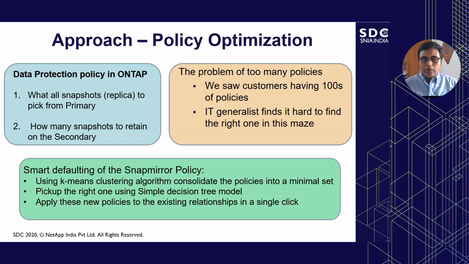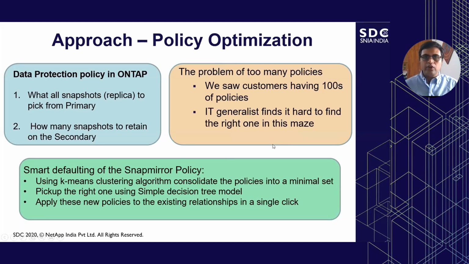We also need to do some more things like applying these policies to existing relationships, because we are going to replace the policies that were already created with these optimized policies. So such activities also need to be taken care of by the application in the background. I have a video demo lined up, so I will show you how we try to realize this solution.